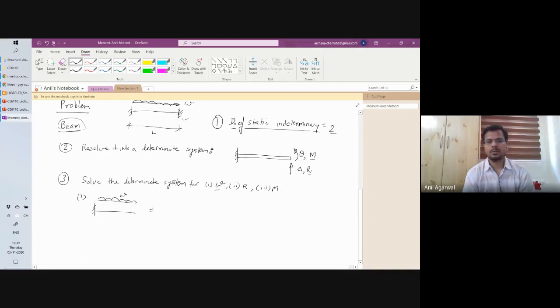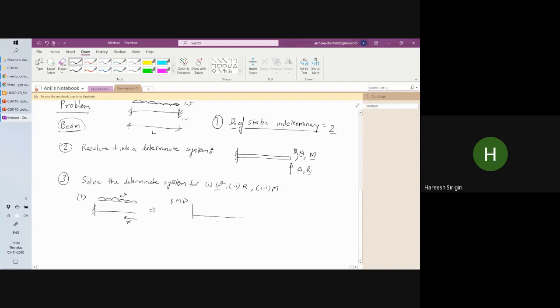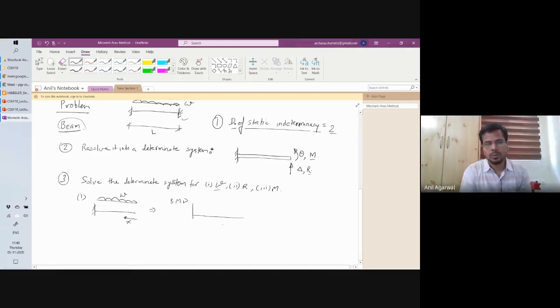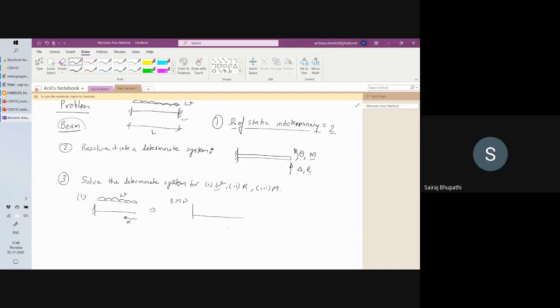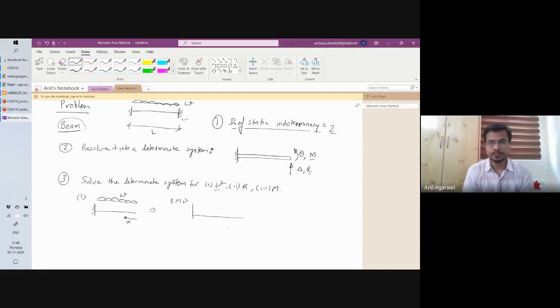What is the bending moment diagram? If I count X from here, what will be the bending moment at any given X? Wx square by 2. And if I'm plotting the bending moment on the tension side, where should I plot it? Up, sir, up. Okay, fine.